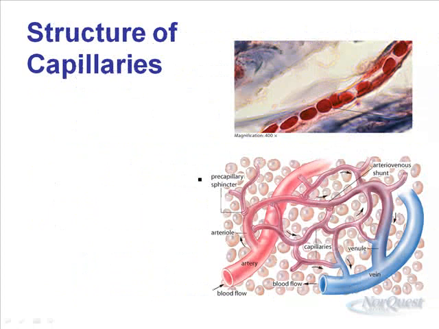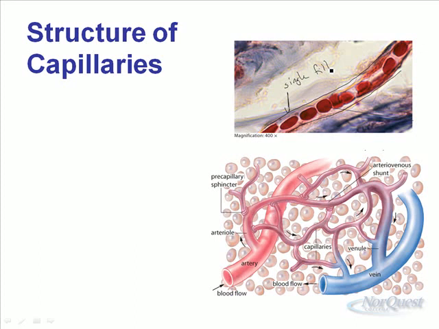If we look at the structure of capillaries, we can see, and this picture shows it really well, here's a capillary wall on one side of these red blood cells. Here's a capillary wall on the other side of these red blood cells, and we can see that the blood cells are traveling single file.